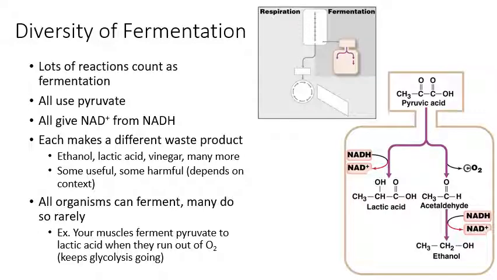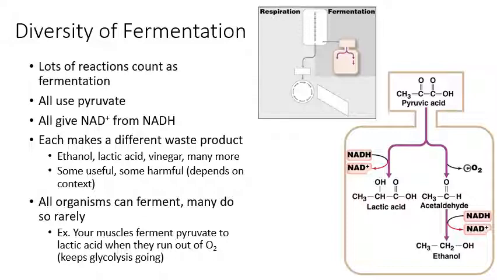So as I was mentioning, there's a lot of different reactions that count as fermentation reactions. Something that they all have in common is that they require pyruvate and NADH as reactants, and then they are going to produce NAD+ as a product. They also produce something else, so they're all going to convert that pyruvate to something.